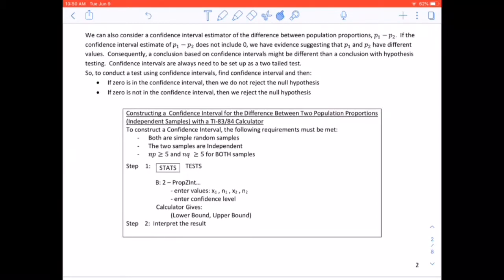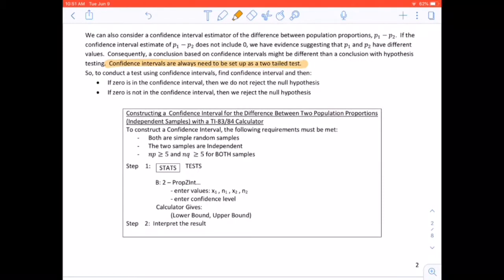Confidence intervals always need to be set up as a two-tailed test, and that's really crucial. We talked about that before, but definitely a big part to know. So highlight that. Remember, confidence is that middle part. There's always things on each end that we're not confident with.